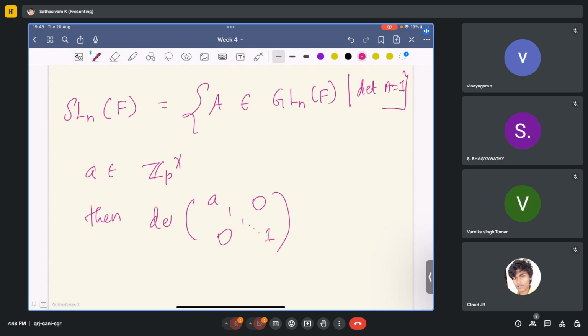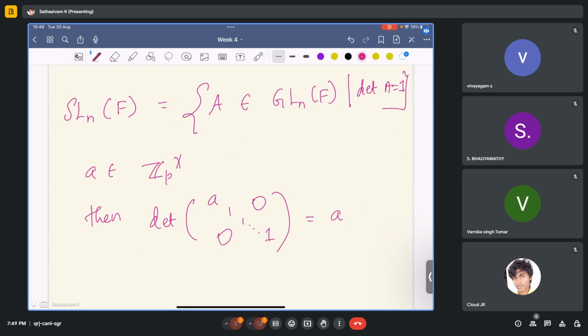If you take the determinant of this, if you have an upper triangular or lower triangular matrix, the determinant is just the product of the diagonal entries. If you multiply, you will get 1 times a times 1, 1, 1, and that is actually equal to a.